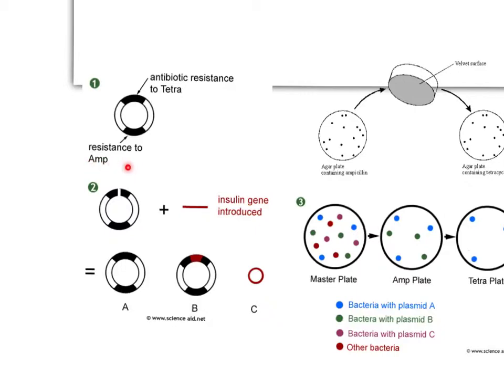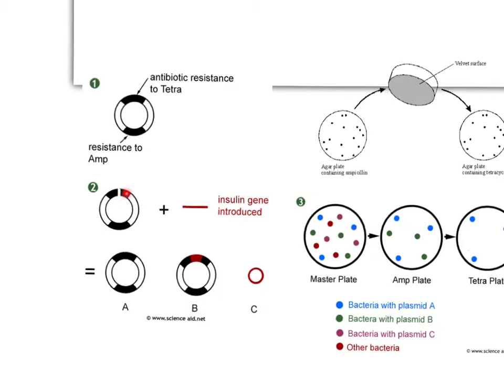Okay, so the idea is that we have a restriction enzyme which forms a staggered cut in the middle of the gene for tetracycline resistance. And the idea is that we then insert the gene in the middle of this tetracycline gene.